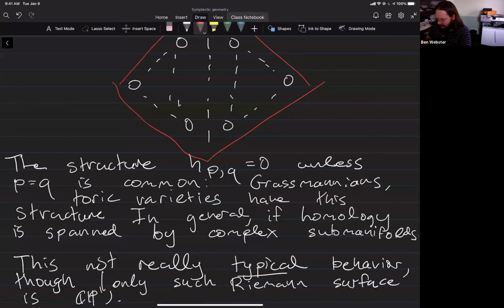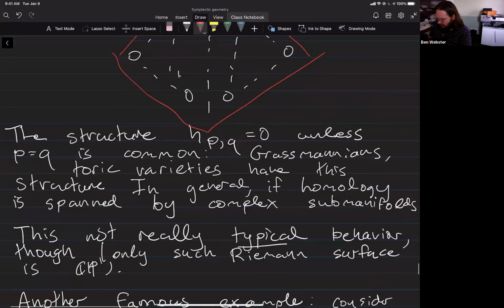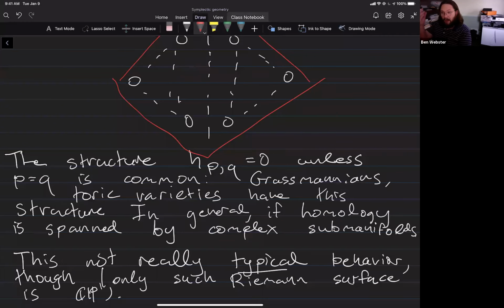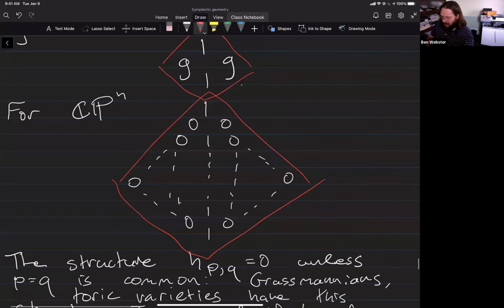So do toric varieties. And one way to think about this is if you have a homology class that comes from a complex submanifold, its Poincaré dual will always sit on the diagonal, on this middle column in the Hodge diamond. So if you have a complex variety where all of your homology is generated by complex subvarieties, everything in your cohomology is going to sit on this middle column in the Hodge diamond. And again, I quite often think about varieties that have that property.